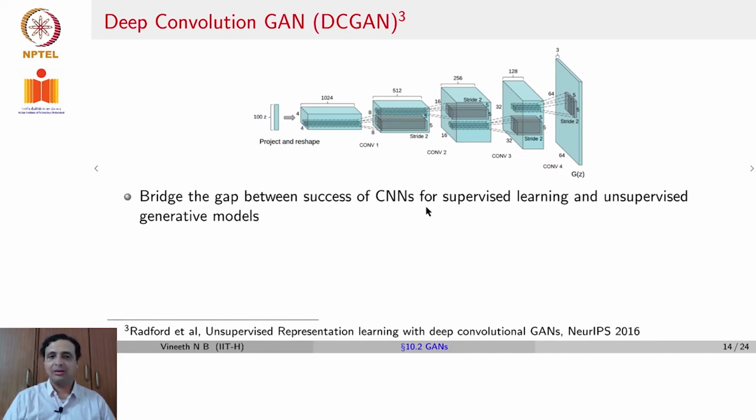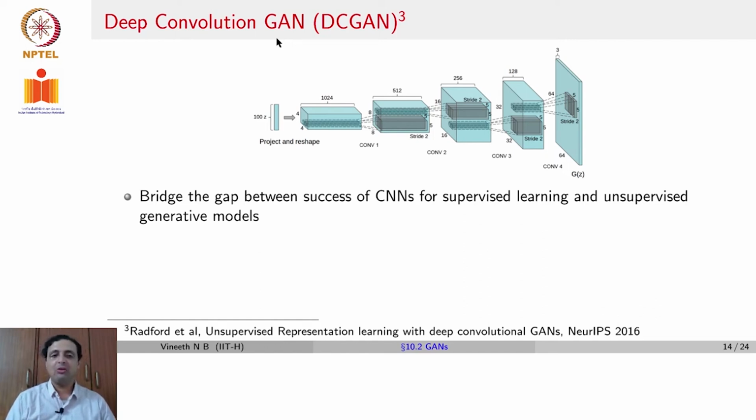So that's about GANs. A follow-up architecture that was developed in 2016 by Radford et al. was called the Deep Convolution GAN, or the DC GAN. And DC GAN was a landmark achievement in improvements over GANs because it came up with a few different ways of improving the generation quality of images using GANs.